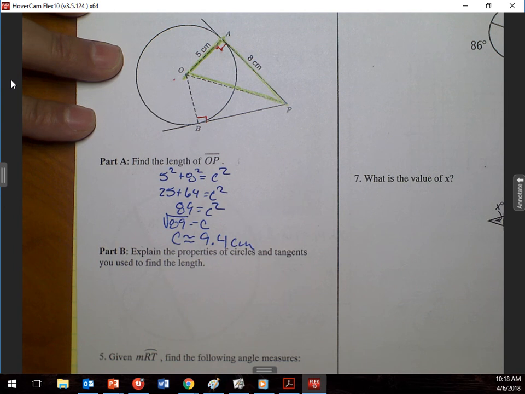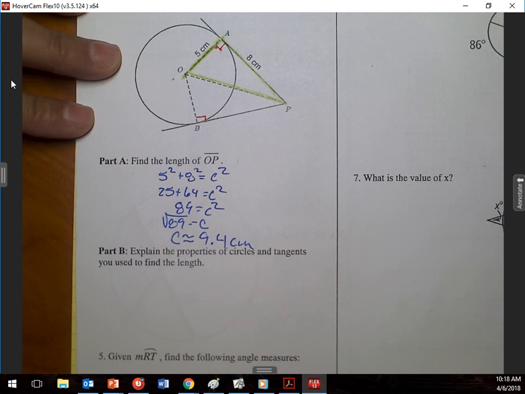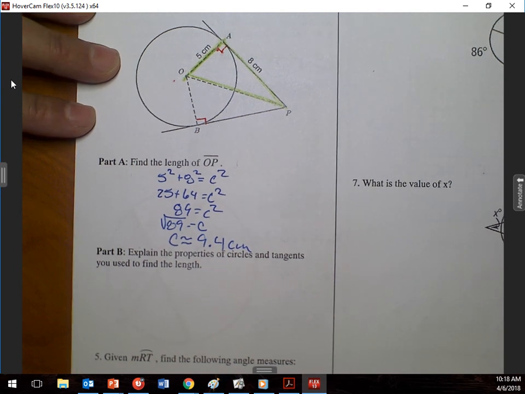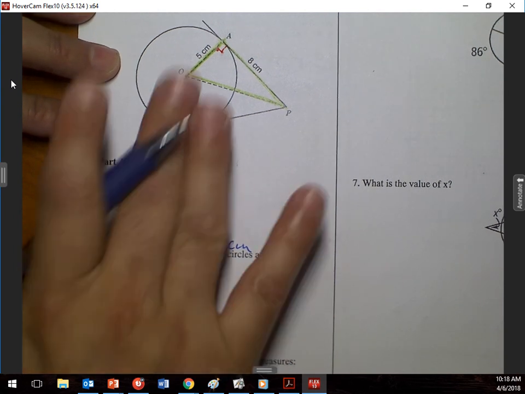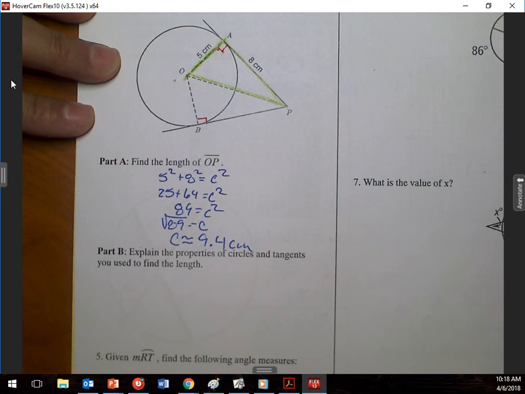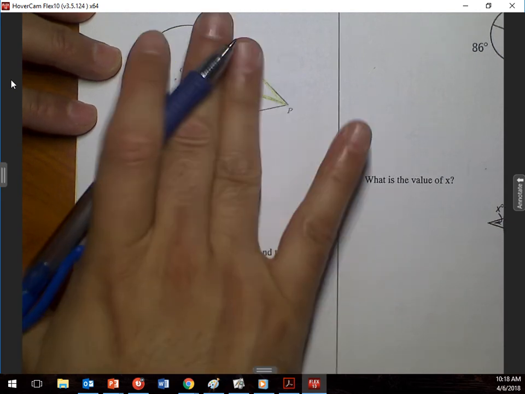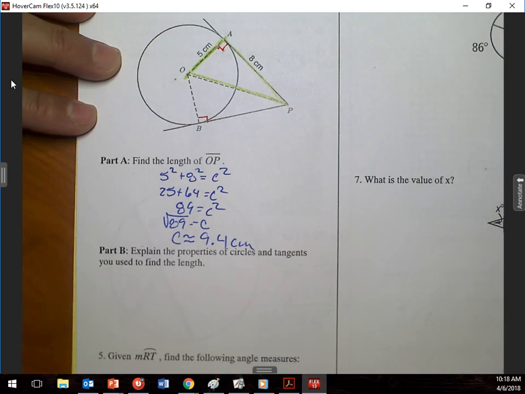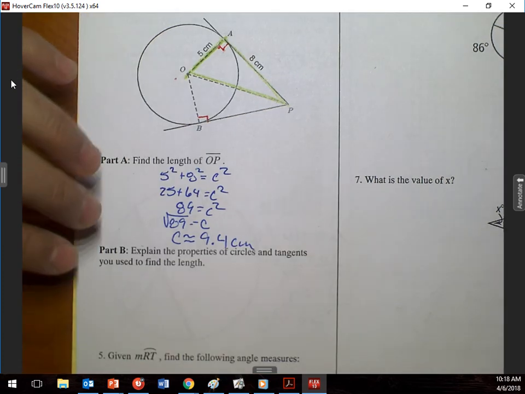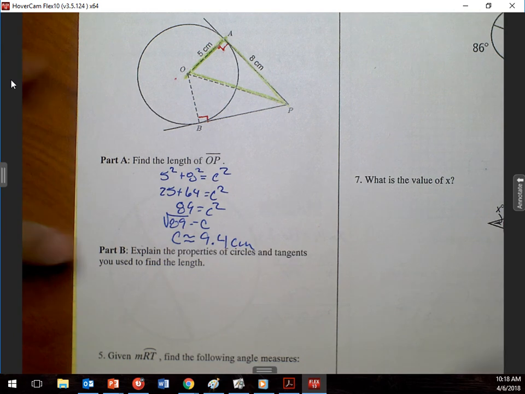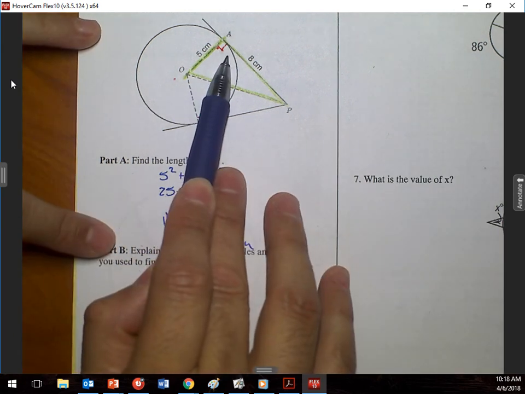Explain the properties of circle and tangents you use to find the length. So what did I start this off with? When I get this information right here, what's the first thing I said? You said the tangent does what? It makes 90 degrees.